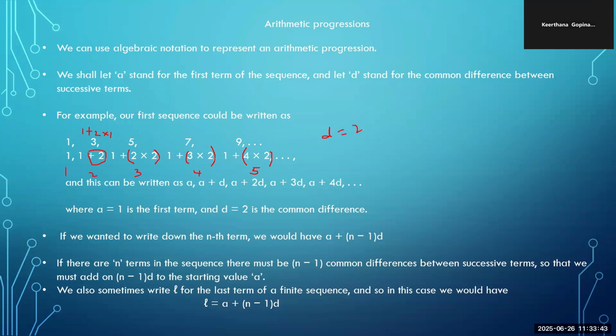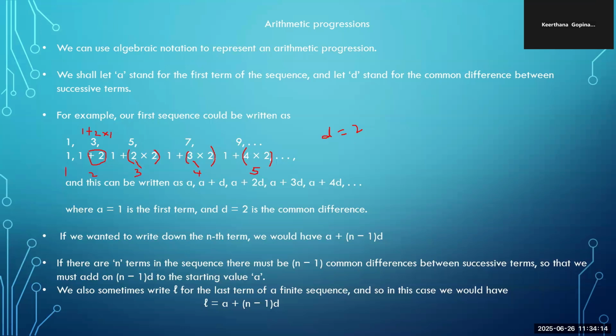Now, look at the third term. The third term is 5. Here what we are doing is we are using 2 into 2. For the fourth term, we are using 2 into 3.